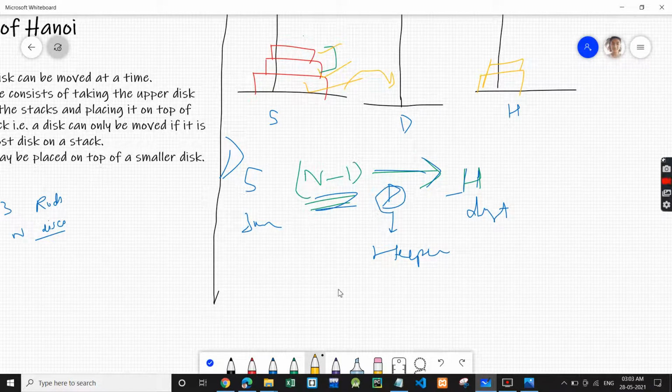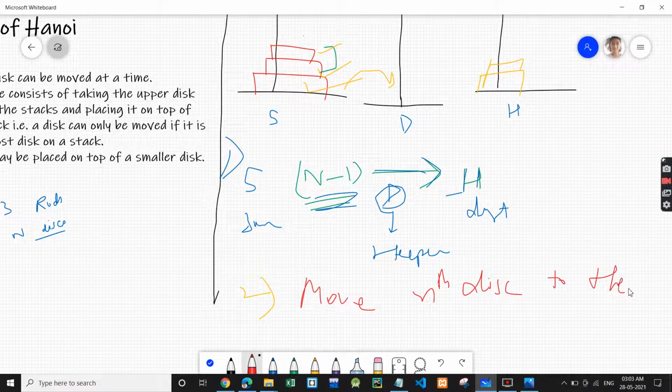That means the second step is to move the last nth disk to the destination rod.